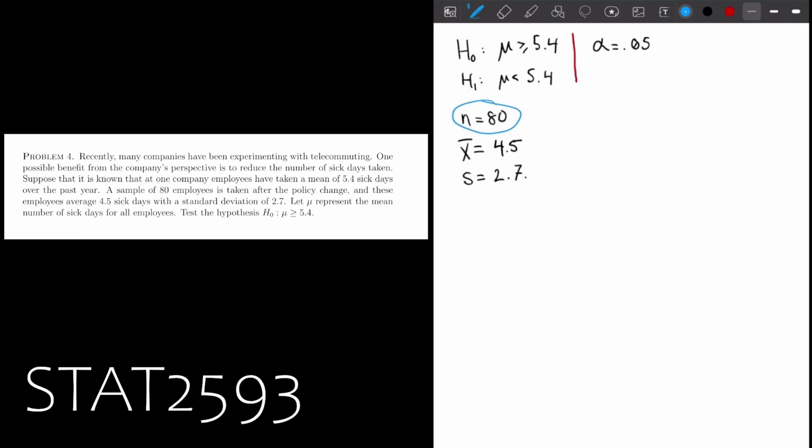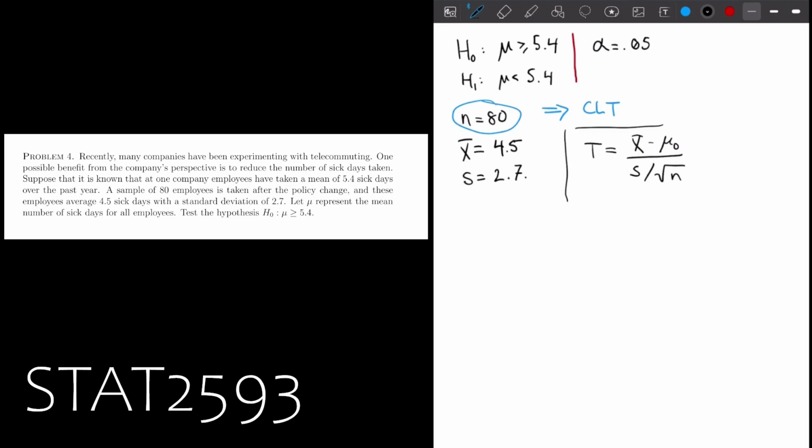The other thing to note here is that we're in the situation where we have a fairly large sample size, right? So we have n equals 80. And so what that means is that we can actually use the central limit theorem as the approximation. And so what we'll do is we will think about the test statistic, x bar minus mu naught, divided by s over the square root of n.